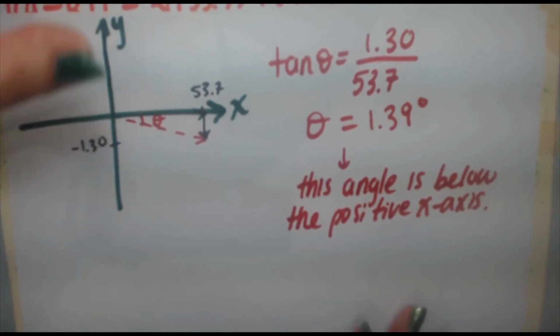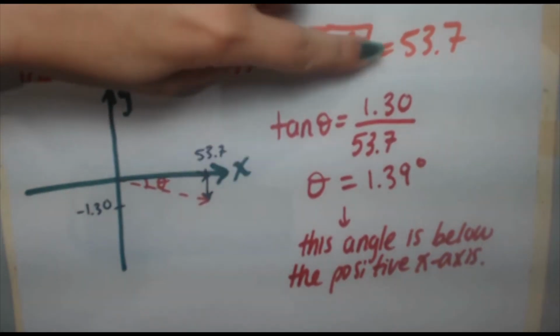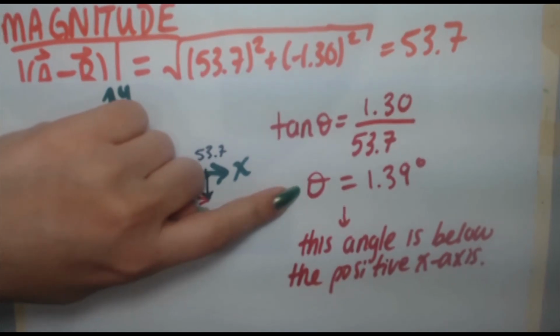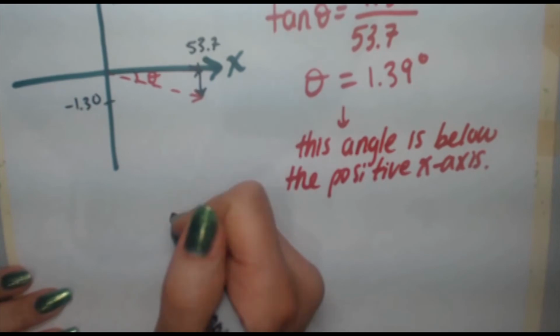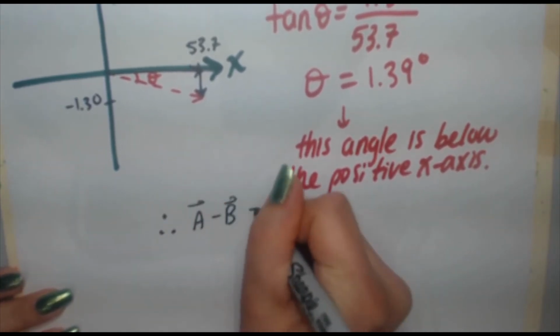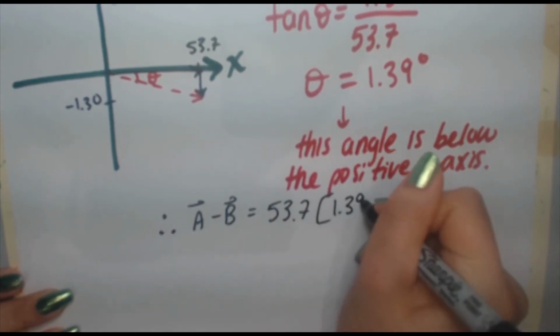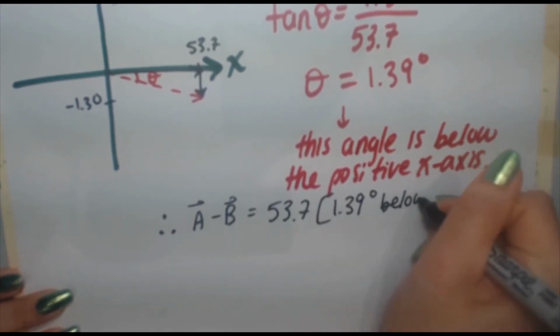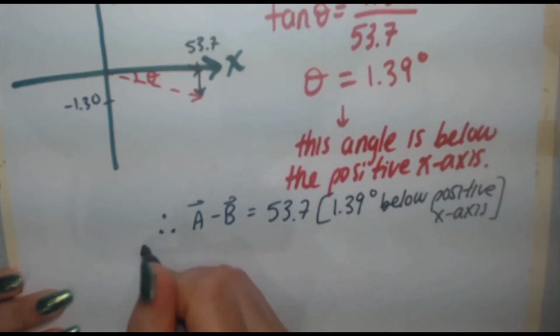So we have determined the magnitude, 53.7. We determined the angle, 1.39 degrees below the positive x-axis. And so, therefore, a minus b is equal to 53.7 at 1.39 degrees below the positive x-axis.